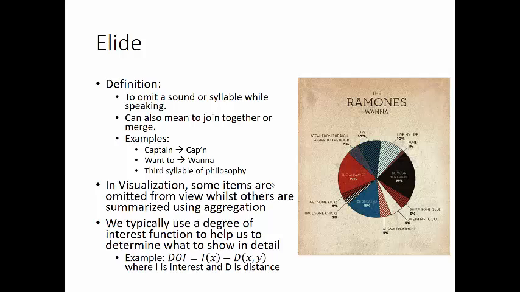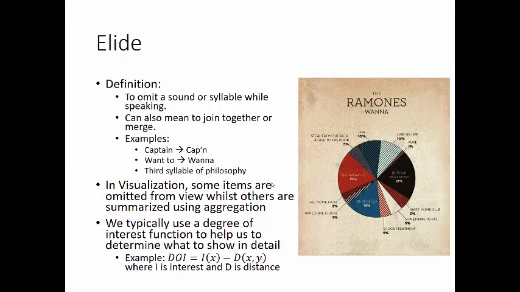And in visualization, what we do to support eliding is we have some items that are omitted from view while others are summarized using aggregation. And typically this is done using a degree of interest function to help us determine what to show in detail.